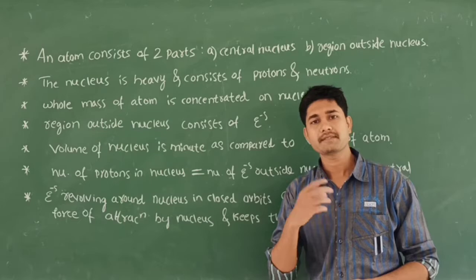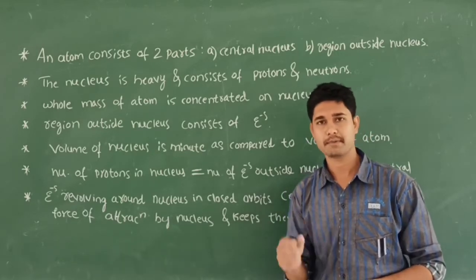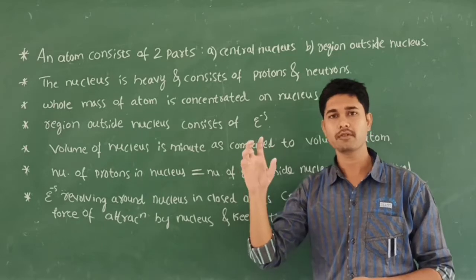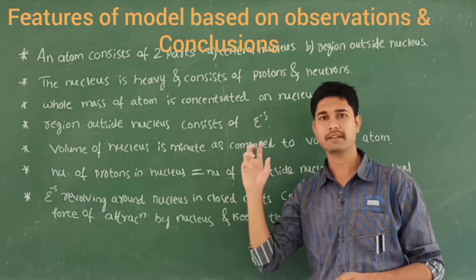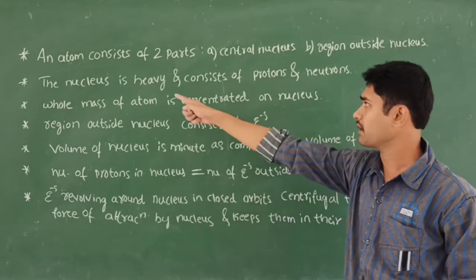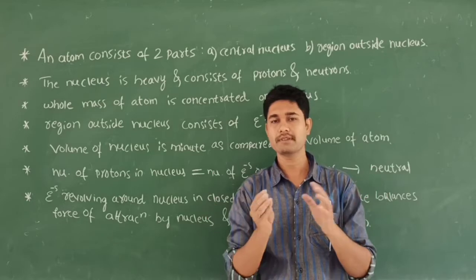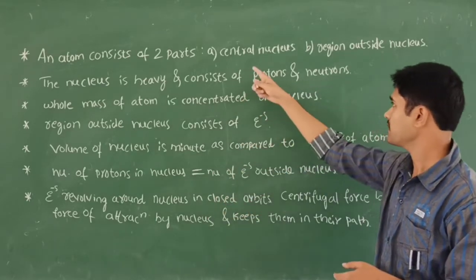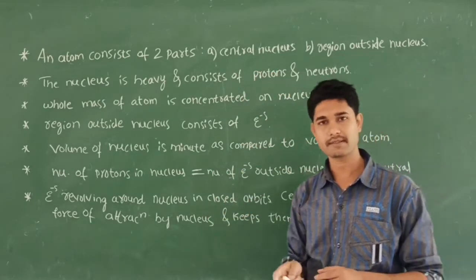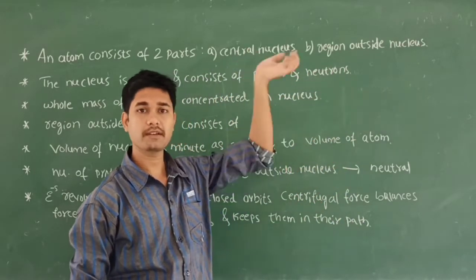Based on the observations and conclusions from the alpha ray experiment, Rutherford is going to propose his own theory. He tells that the atom consists of two parts. In the atom, he divides it into two parts. The first is called the central nucleus, and the second part is the region outside the nucleus.